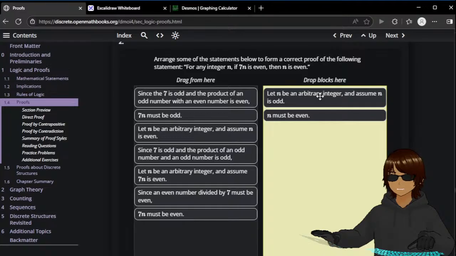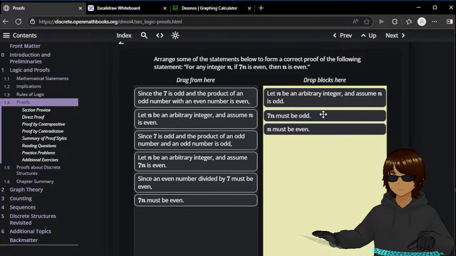Let n be an arbitrary integer and assume that n is odd. 7n must be odd. Let n be an arbitrary integer and assume n is odd. 7n must be odd.